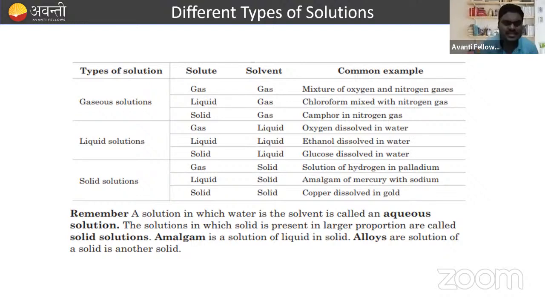Now, what do you mean by this term gaseous solution? Gaseous solution means here the solvent is nothing but gas. If I'm talking about the liquid solution, then our solvent is liquid. If I'm talking about the solid solution, then the solvent is solid. Right? So out of total, how many possibilities are there, beta? Total 9 possibilities are there. That is solid in solid, solid in liquid, and so on.